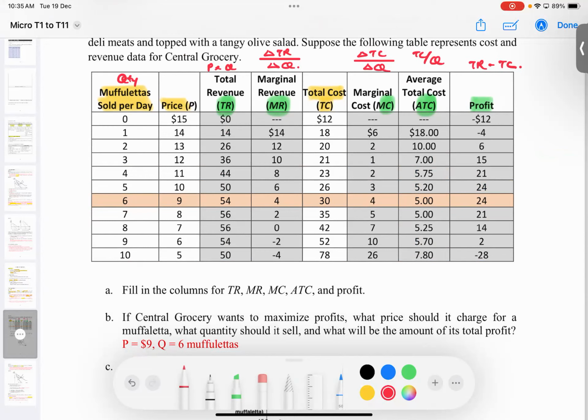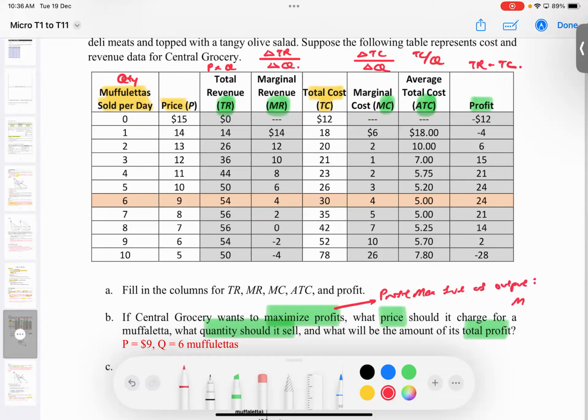Like here, they ask: if this company wants to maximize profits, what price should it charge for the product, and what quantity should it sell? What will be the amount of its total profit? This is what we call the profit maximization level of output.